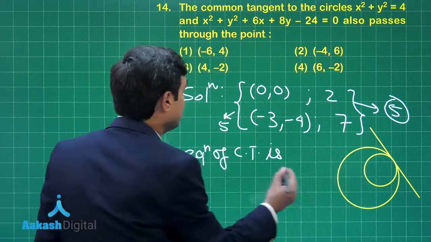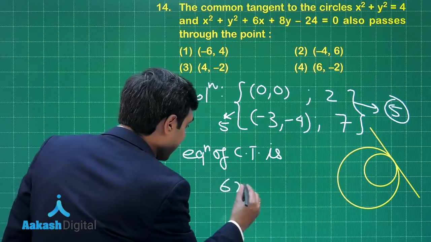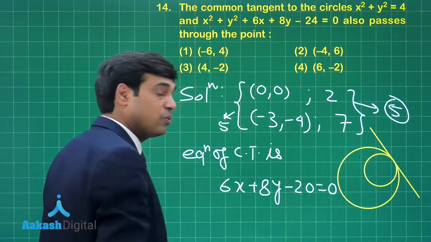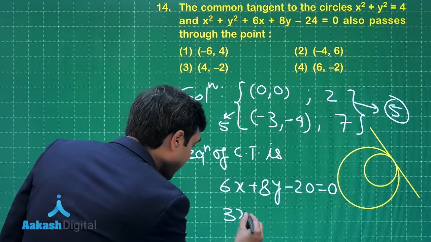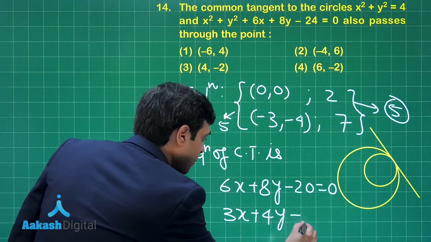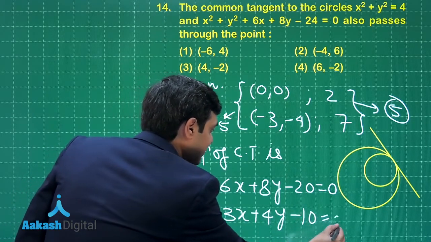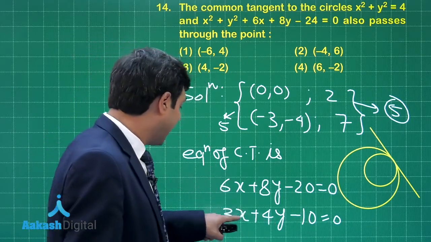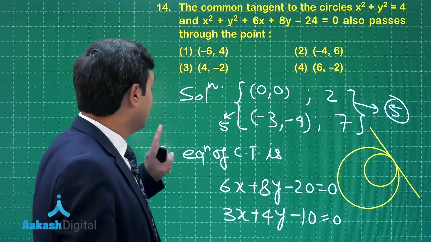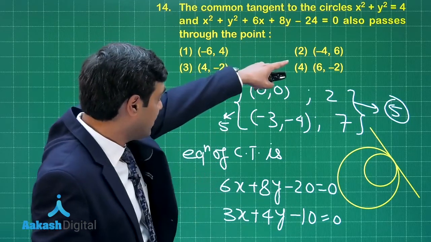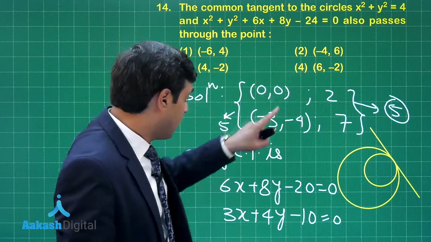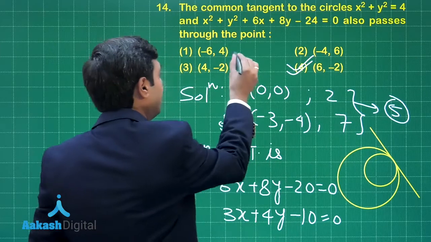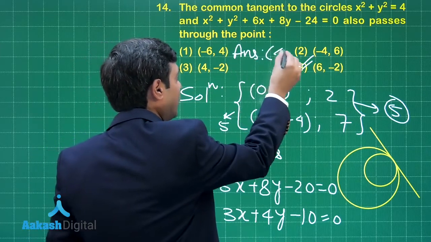So S1 minus S2 equals 0 gives you 6x plus 8y minus 20 equals 0, or 3x plus 4y minus 10 equals 0. Now when you put the given points in this equation, 3x plus 4y minus 10 equals 0, you can clearly see option number 4 is giving you 18 minus 8 minus 10, that is satisfying the given equation. So the correct answer is option number 4.